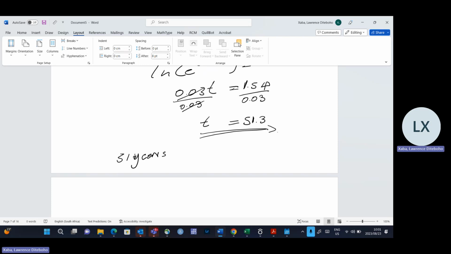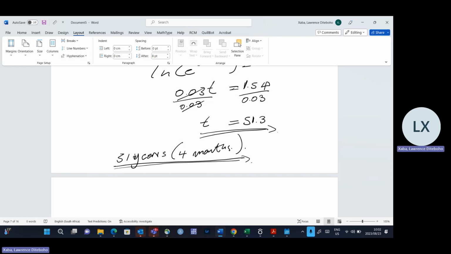After 51 years and 4 months. This is our time T.